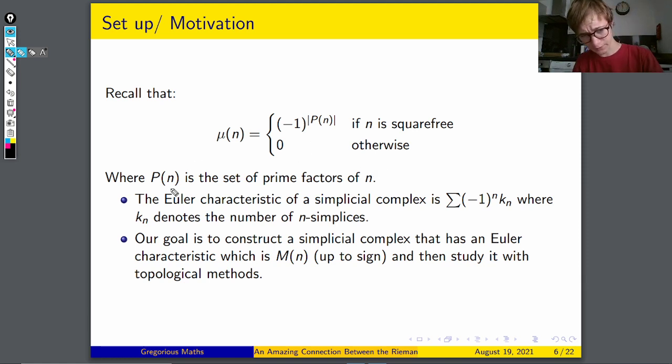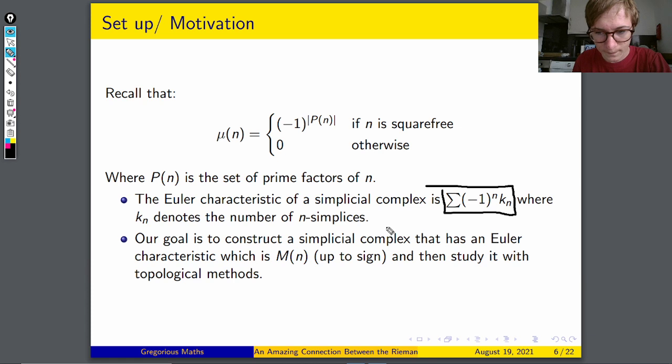So that's our definition of the Mobius function. Now the Euler characteristic of a simplicial complex is this sum over the number of n simplices, and it's an alternating sum. Again, you don't need to know what that means. Just keep this form in mind.